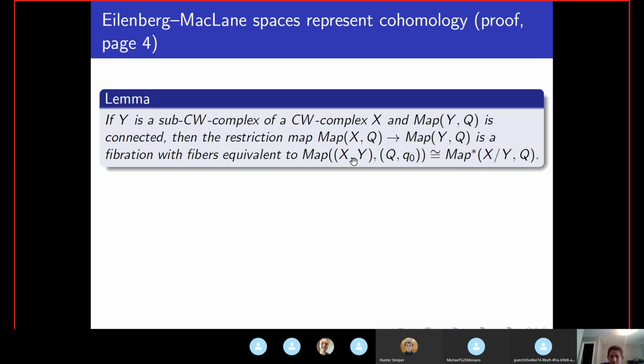So this lemma tells you how to compare maps from X to maps from Y and maps from X mod Y.